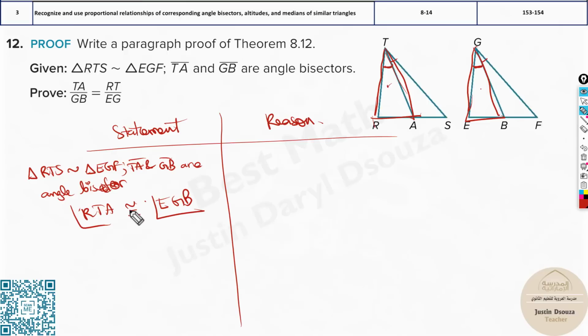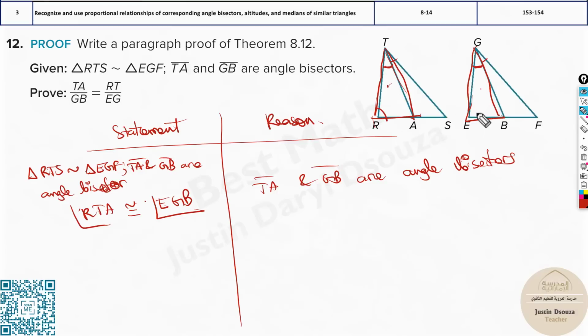I hope this is clear. RTA and EGB, they have given. Why? Because TA and GB are angle bisectors. The reason can be written as: the line segments TA and GB are angle bisectors. Now that is done.